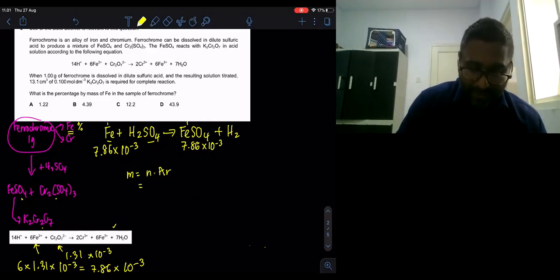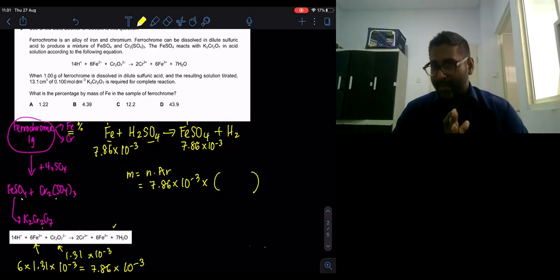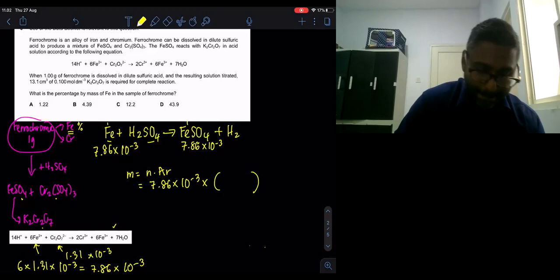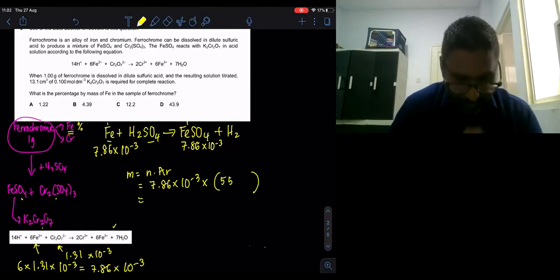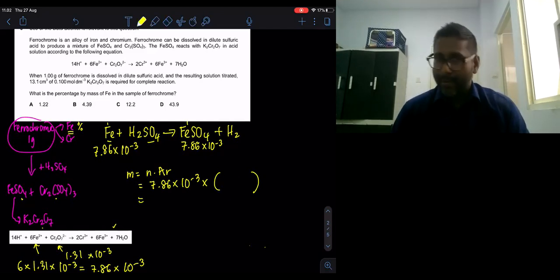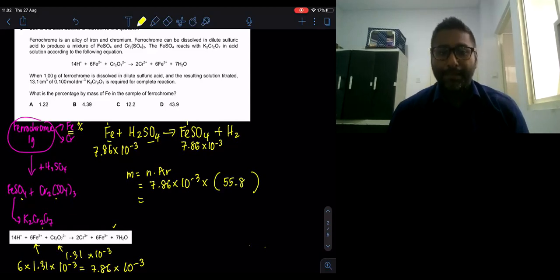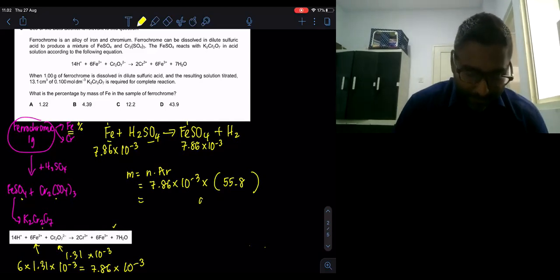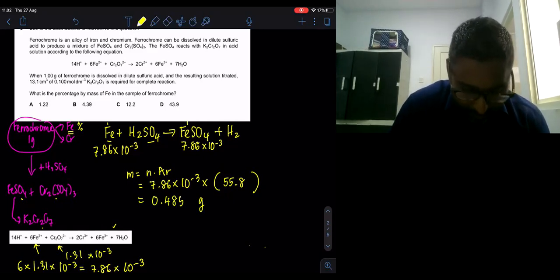So it's going to be 7.86 times 10 negative 3 times the Ar of Fe, which is 55.8. Please let me know the mass when you multiply. How many grams? 0.43859. Okay, you get this.